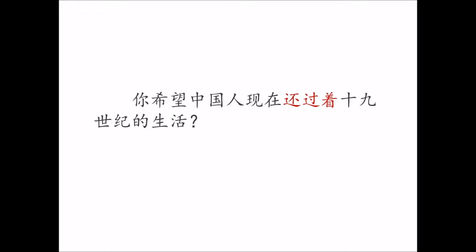And here, the verbs are usually indicating a posture or state, not a dynamic action. 还 means still. So in this 还 verb/adjective 着 structure, it means something is still in process. 所以这句话的意思是 You hope Chinese people are still living a life of the 19th century?